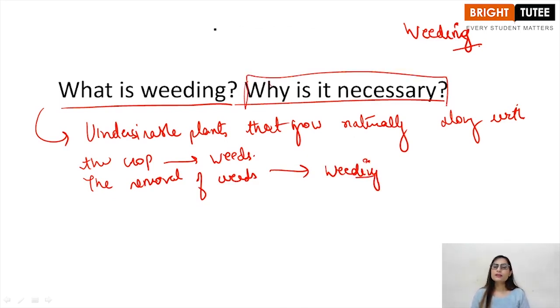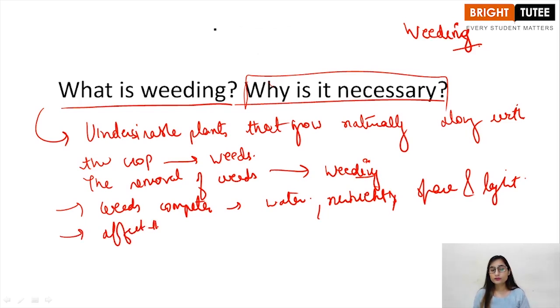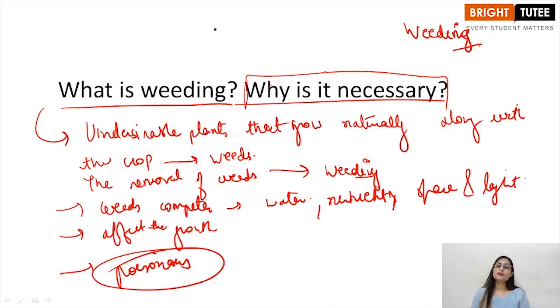Now why is it necessary? It is necessary because the weeds compete with the plants for water, nutrients, space and light, right? They compete with the plants, then they affect the growth, and they may be poisonous for animals and human beings. So that is why weeding is necessary.